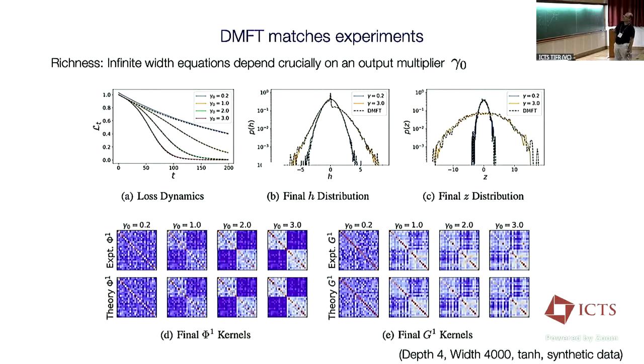The dashed lines are the DMFT solutions coming from this Monte Carlo procedure, and the solid lines are from training the neural networks with gradient flow at different learning rates, so different richness parameters. This gets closer to lazy, this gets richer, and you do see a match.